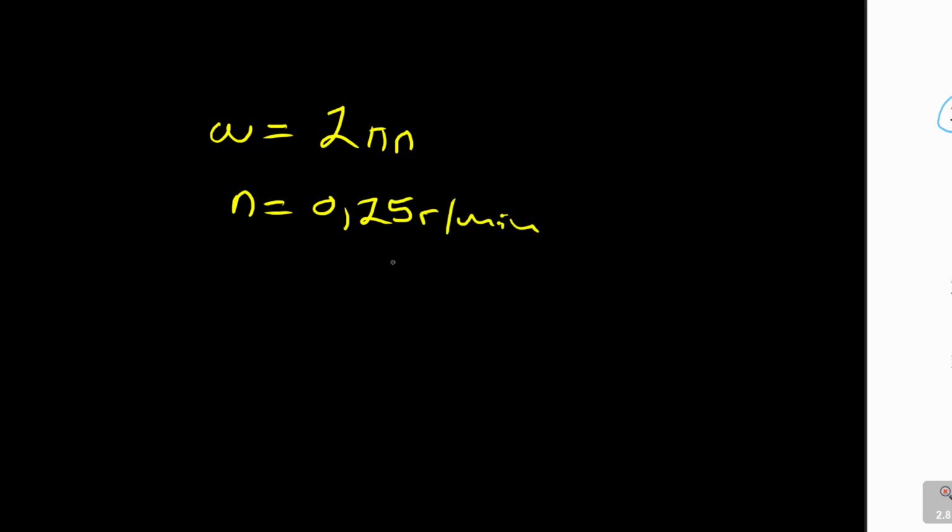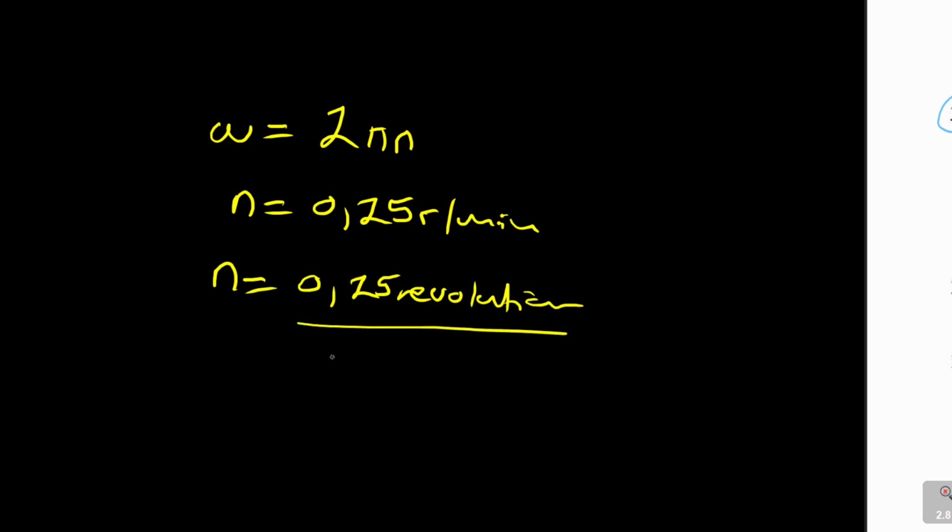What you need to do is change this. If you look at the formulas, it says it's revolutions per second. So you convert this to n is equal to 0.25 revolutions over 60 seconds, because they say per minute.